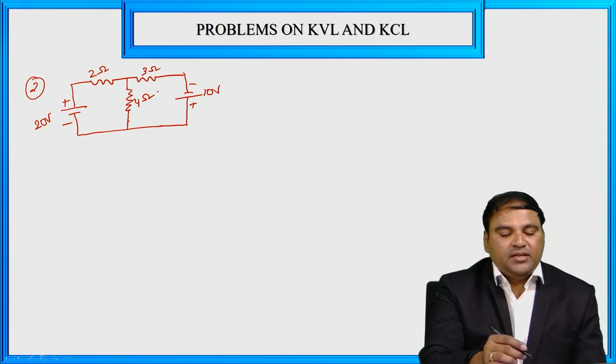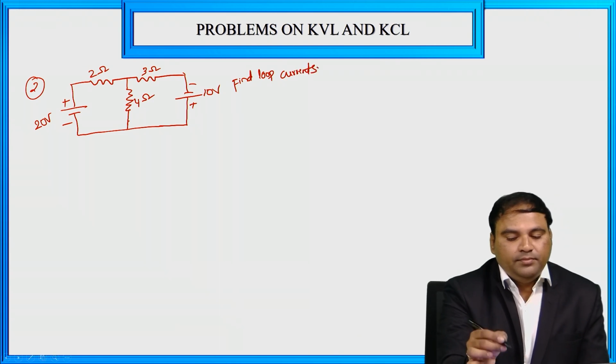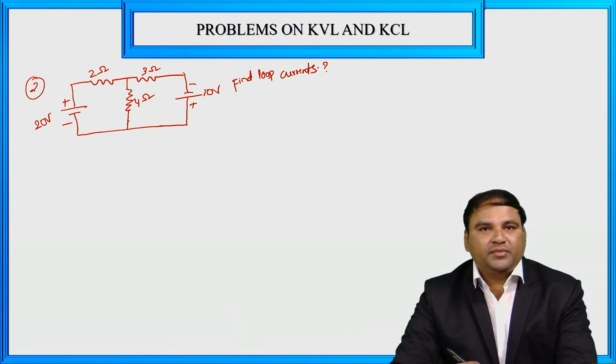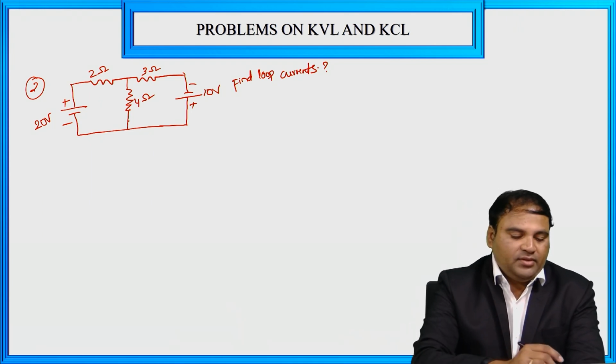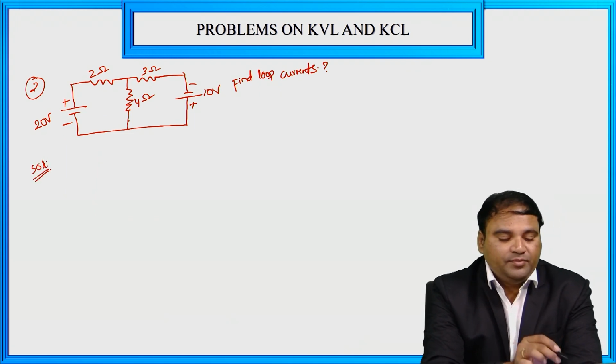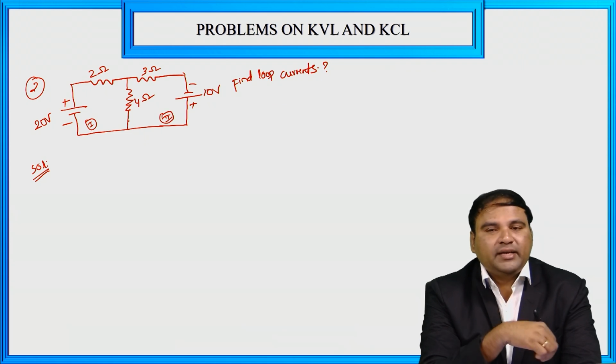In this case also we need to find the loop currents. So first we have to find out the total number of loops in the given circuit. So how many loops are there here? We have 2 loops here. This is loop 1 and this is loop 2.